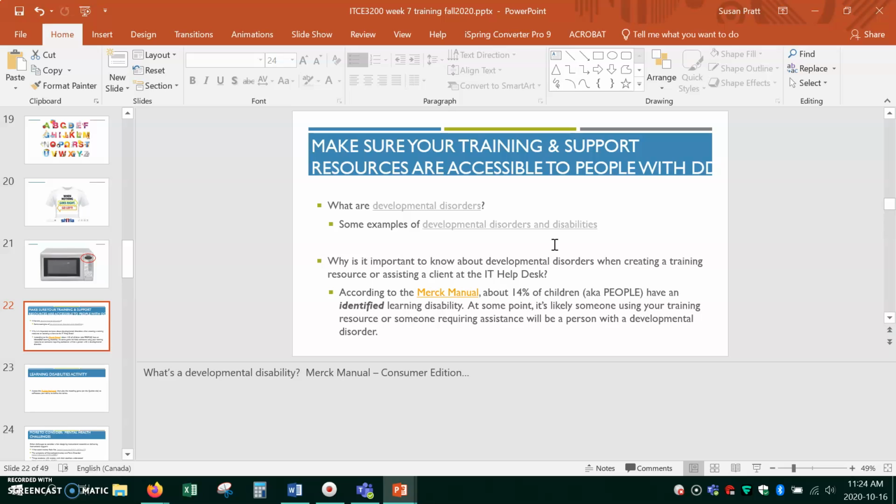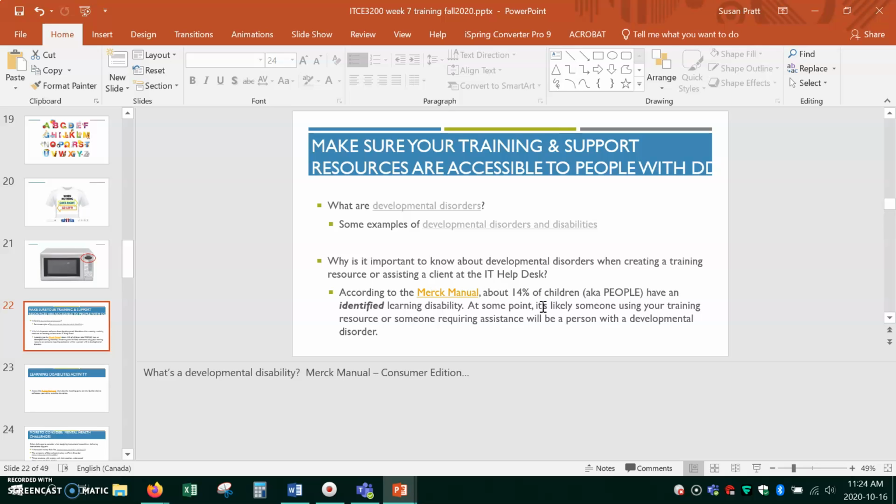Well, like I said, you might be doing training, but at least 14% of children, aka people, have an identified learning disability. So when you're engaging and helping people and training people, it's probably a lot higher than that, the number of people that actually have learning disabilities, because that's just the ones that have been identified by a psychologist or a medical doctor.